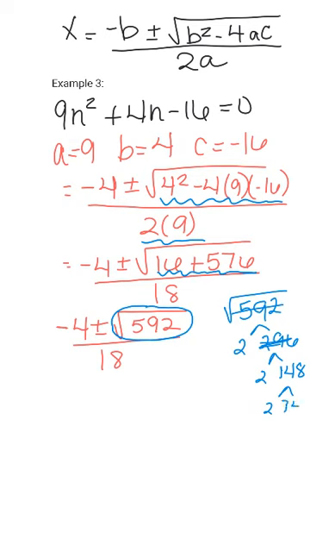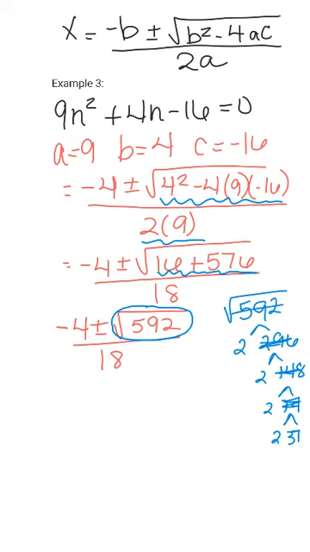That would give me 74. 74 is even, so that would be 2 and 37. And 37 is prime, so we would be done. If you knew a bigger number to go into 592 or 296 or whatever, you could use those. That would be fine. I just usually go by 2s, 3s, 5s.